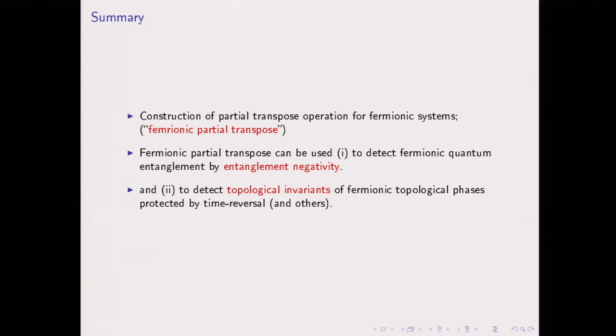So we constructed this partial transpose operation for fermionic systems, and we checked the validity of this operation. And then I will talk about the application of this new operation, the fermionic version of partial transpose, to understand the quantum entanglement of fermionic systems and the topological phases of fermions.